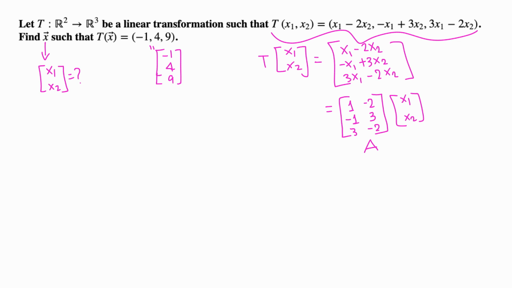So to solve this problem, we just write the corresponding augmented matrix. From this we get the matrix 1, negative 2, negative 1, 3, 3, negative 2, and now this is vector b: negative 1, 4, 9. This is A, this is b, and we are trying to determine x1, x2.